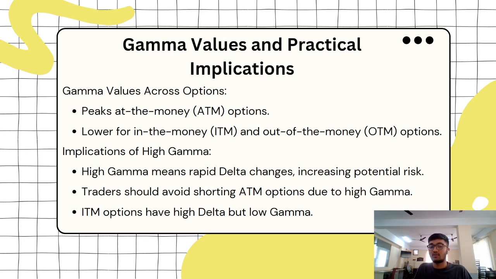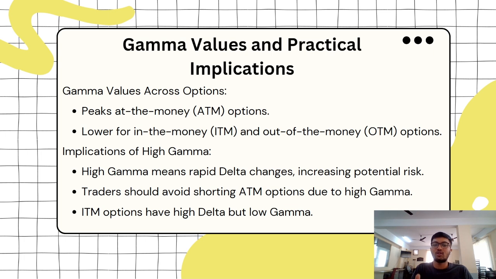But if the price of the underlying doesn't go in your direction, high gamma at the money will cause a huge loss for you, because as soon as the underlying moves opposite to your direction, gamma's picture will again change from at the money to out of the money or in the money, on your opposite side. Eventually you are going to lose a lot of money when you are trading at the money contract.